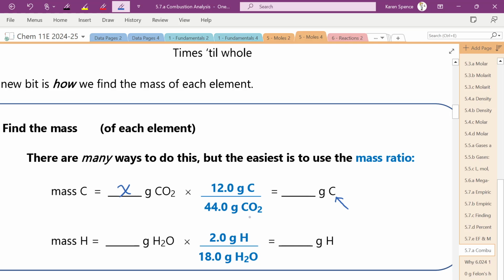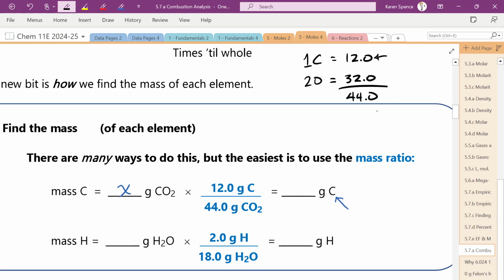Is that ringing bells? Because, of course, carbon dioxide is 1 carbon and 2 oxygens. So we have 12.0, and 2 oxygens is 32.0, so the mass of the entire thing is 44 grams. And 12 of those 44 grams are carbon.